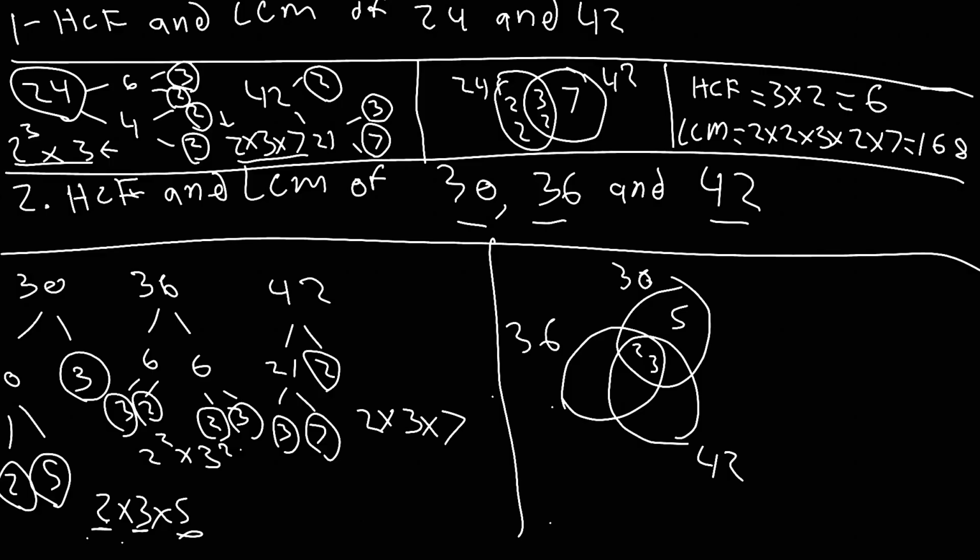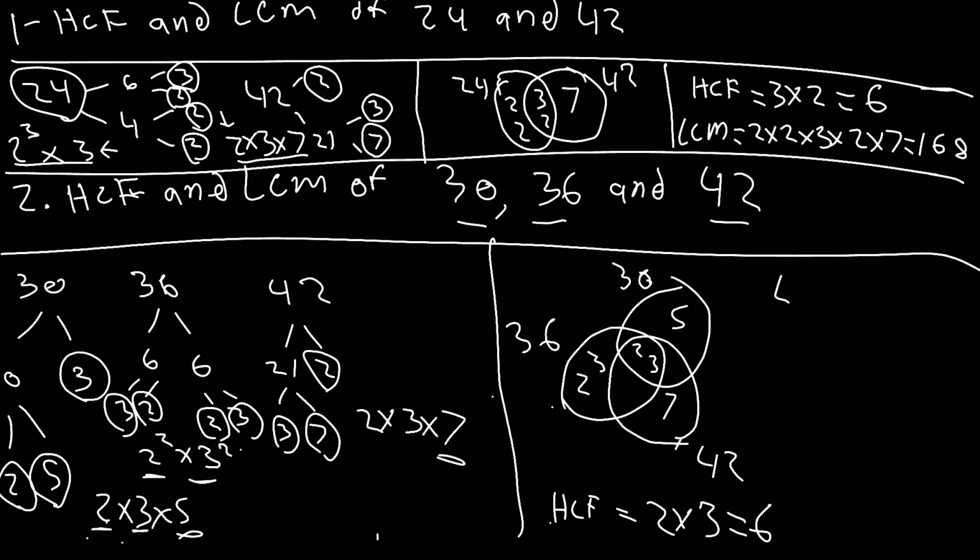For the 36, I have a 2 and a 3 remaining, so I'd write 2 and 3 over here. And then for the 42, I just have the 7 remaining, so I'd write 7 over here. So my highest common factor is the numbers in the middle multiplied, so 2 times 3, which is 6.